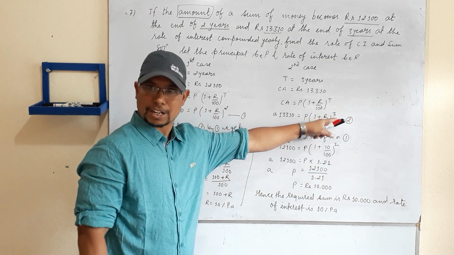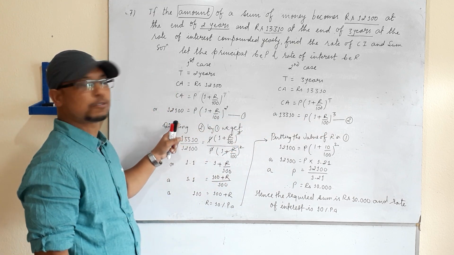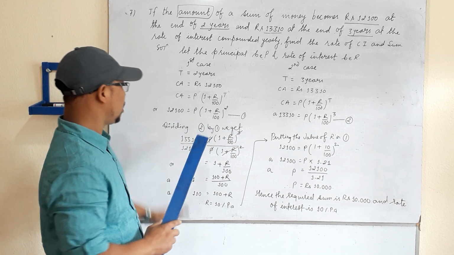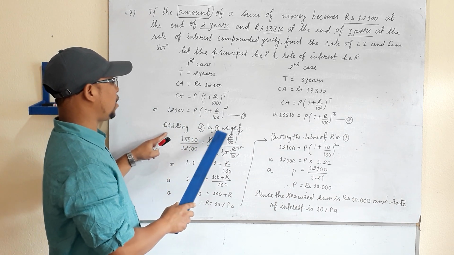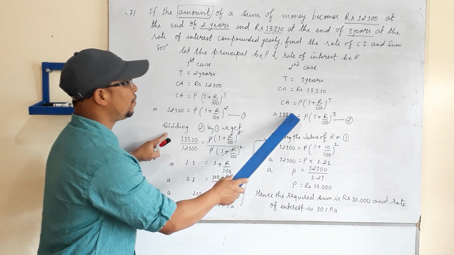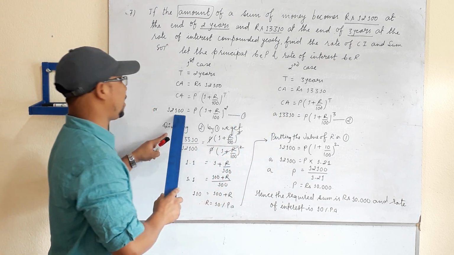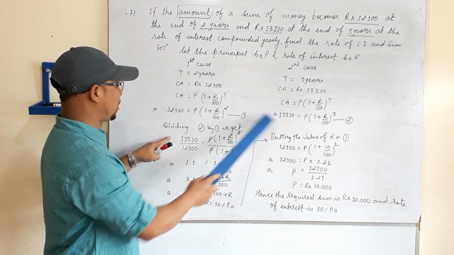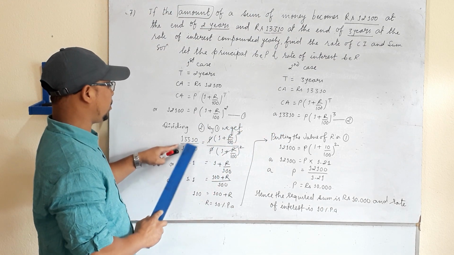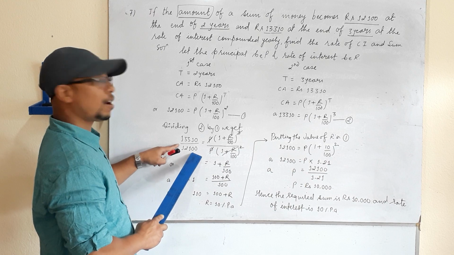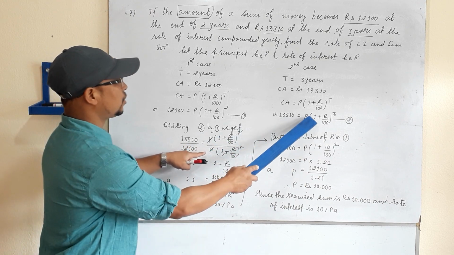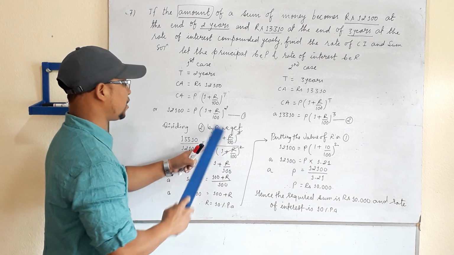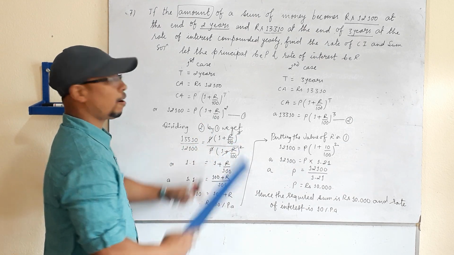For 3 years the amount is greater and for 2 years smaller, so let's divide the bigger number by the smaller number. Dividing 2 by 1 means left hand side divided by left hand side and right hand side divided by right hand side. So 13,310 divided by 12,100 equals P(1 plus R by 100) power 3 divided by P(1 plus R by 100) power 2.